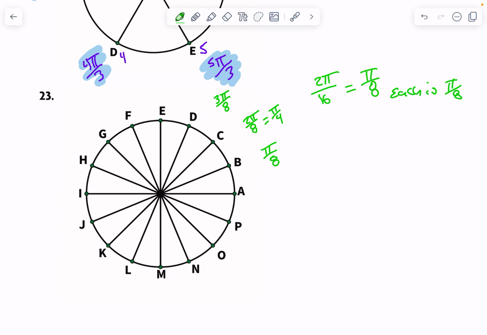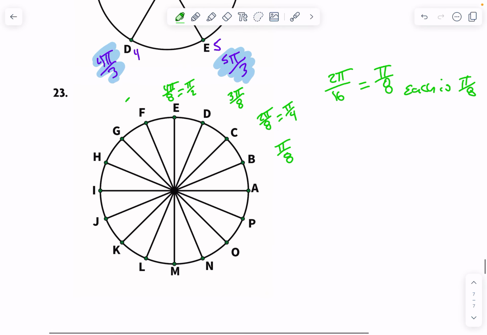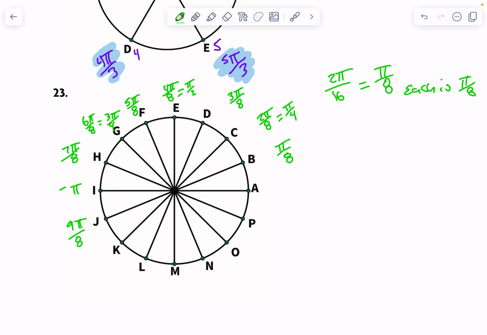And then you get 4 pi over 8 here, which is equal to pi over 2. Okay? And then we're left with 5 pi over 8, 6 pi over 8, which simplifies to 3 pi over 4, and then 7 pi over 8, and this is just going to be pi, and this is 9 pi over 8. So just to be clear, this is 8 pi over 8, right?